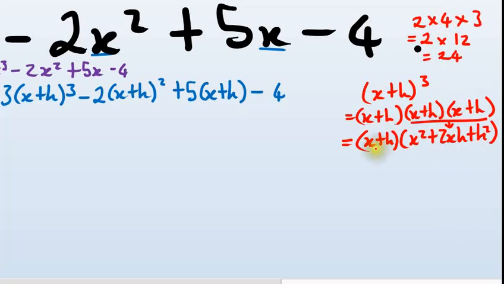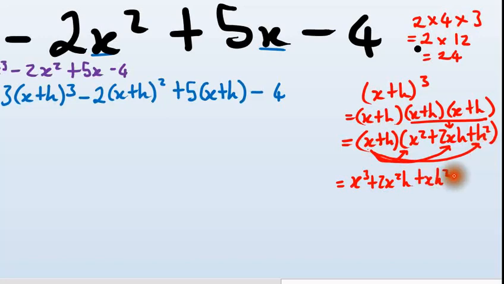Now we can start to do x multiplied by x squared, which is x cubed, x multiplied by 2xh, which is going to give you plus 2x squared h, right? And x multiplied by h squared, which is going to give you plus xh squared.